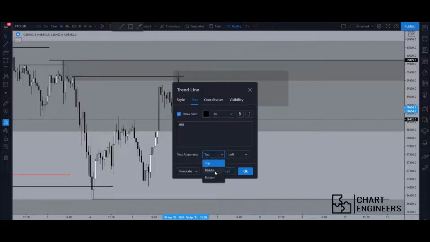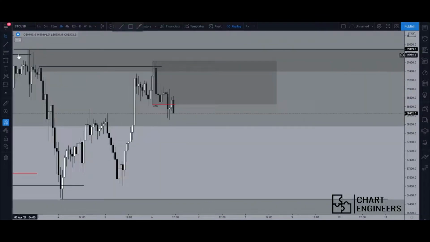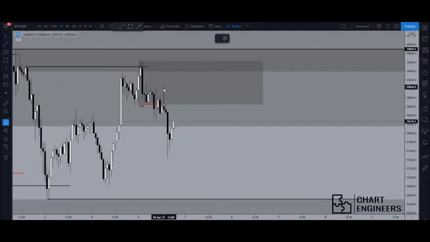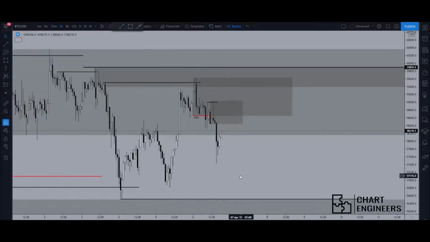So let me just put this on the bottom, and then we do have these highs here building up, and then I was expecting a sweep of either all of them or one of them, and then price to come back lower. So now if we let it play, we do in fact have a sweep here, and then another breaker zone being created here for price to come down lower.